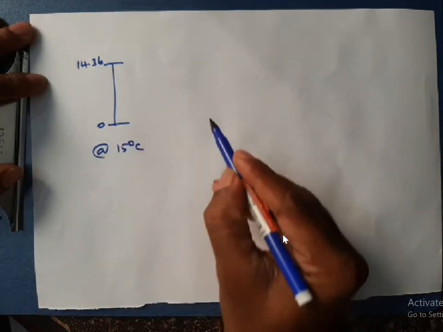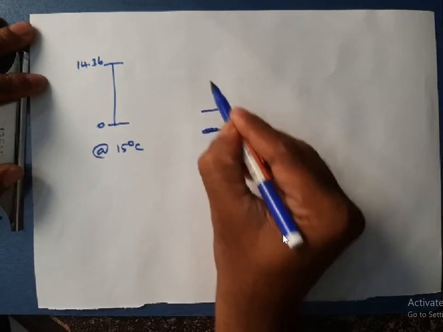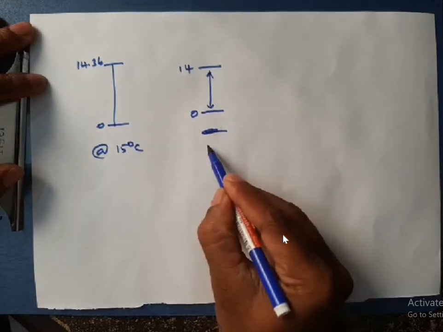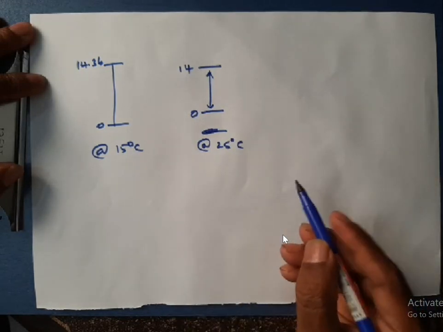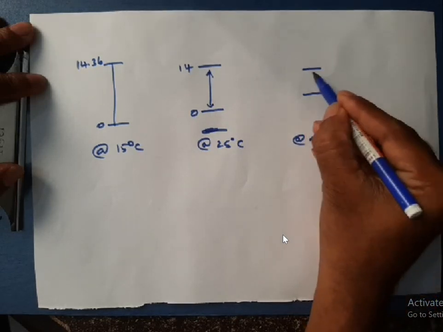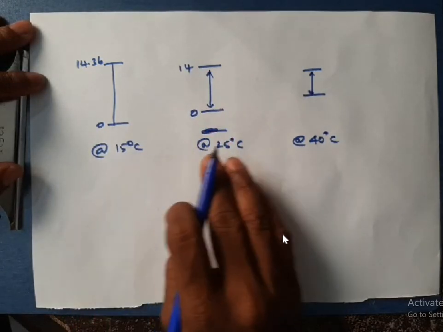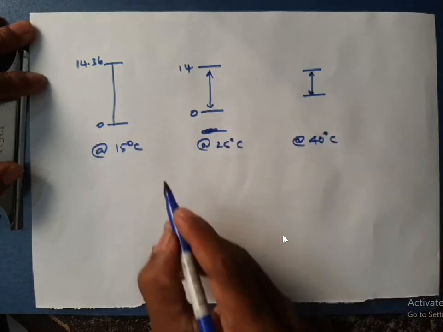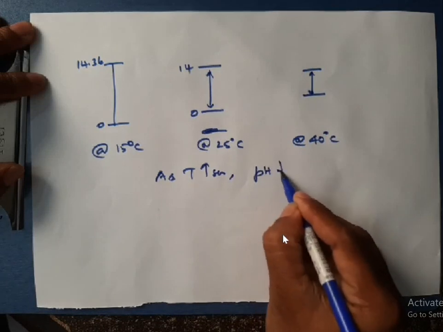Then if you go to 25 degrees Celsius, the pH range actually decreases, 0 to 14 at 25 degrees Celsius. If we increase the temperature further, say to 40 degrees Celsius, the range further decreases. So keep this in mind. As the temperature increases, pH range decreases. Or we can see it the other way, as temperature increases, pH of the solution decreases.